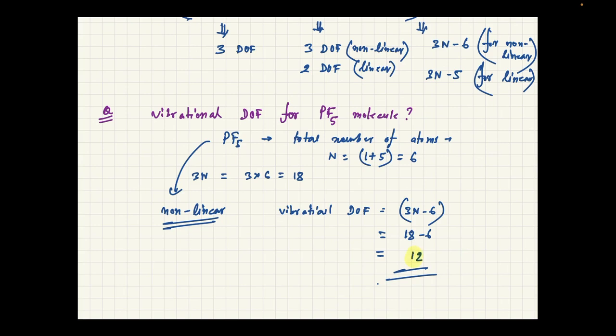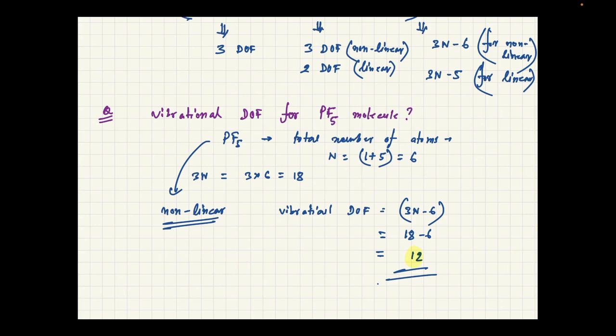For SF6, the total number of atoms n will be 1 plus 6 equals 7. So 3n will be equal to 21, and it is also a non-linear molecule. So vibrational degrees of freedom will be 3n minus 6, so 3 times 7 minus 6, 21 minus 6 will be equal to 15.